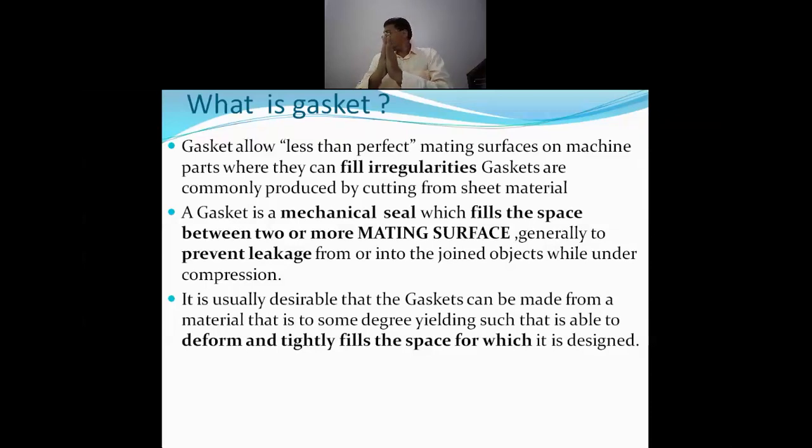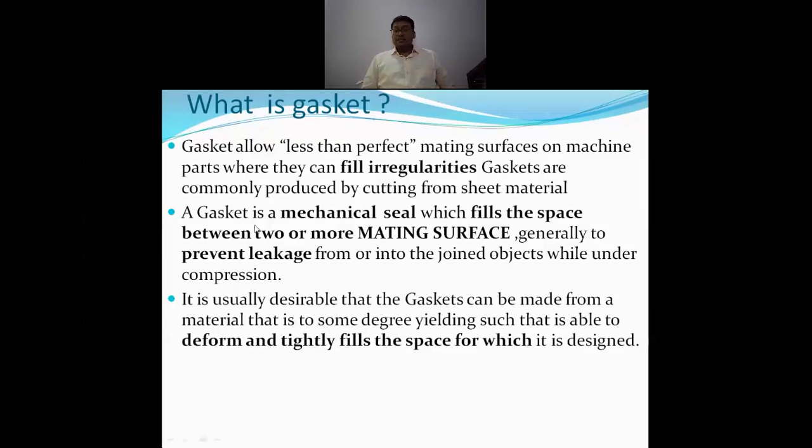So in between these two perfectly meeting surfaces, I am putting a third material, for example in this case a cloth, and I am trying to compress it so that it fills the irregularities between the two surfaces. That is the basic purpose of a gasket: to fill the irregularities between two metal surfaces and thus prevent the leakage.